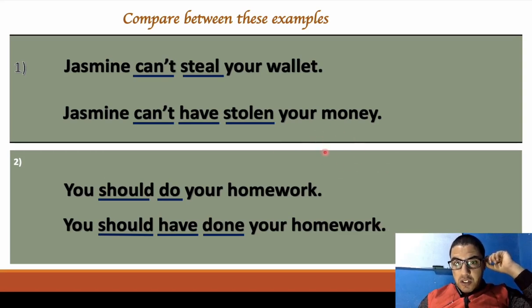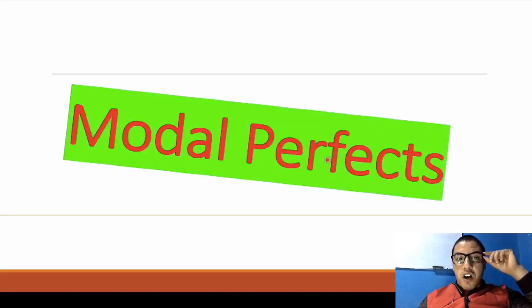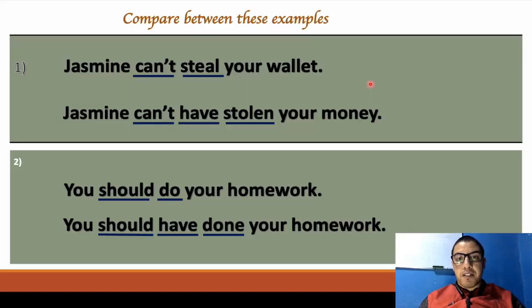So the question is, what are those modals perfect? This is what we are going to study now. But before we move on, there is a point that we need to talk about here, which is the difference between the simple modals, modal plus bare infinitive, and a modal perfect, a modal plus have plus past participle.